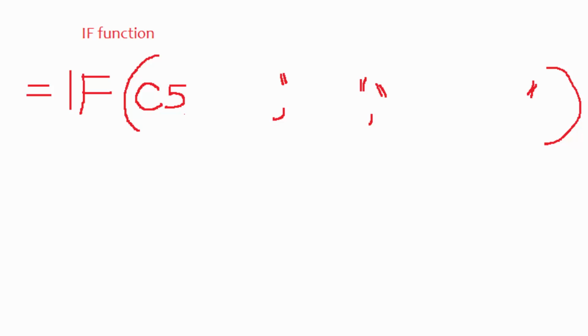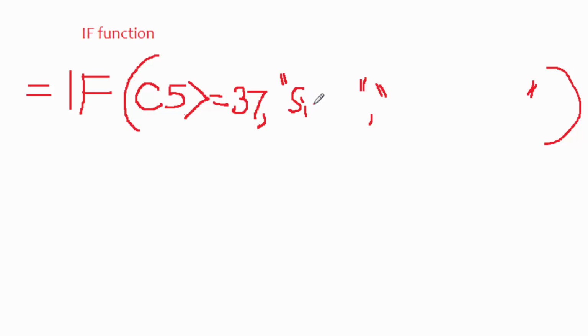So I can change this expression here and write maybe here, check if the value of temperature maybe in C5 is greater than or equal to 37. If it is true that temperature is greater or equal to 37, we want the text sick to be inserted in the cell.